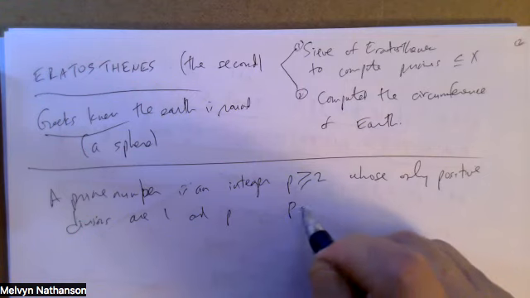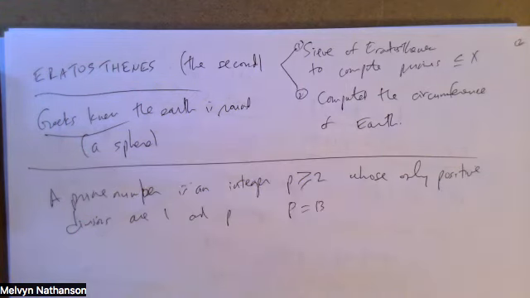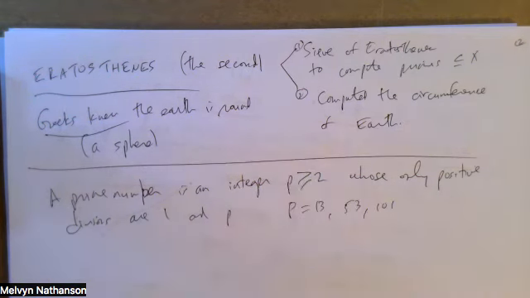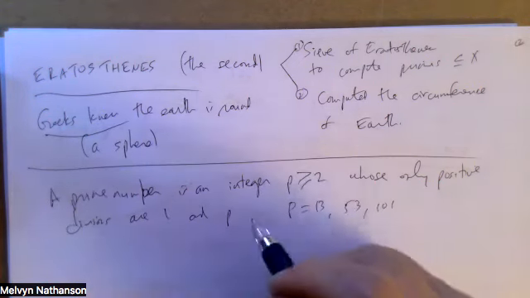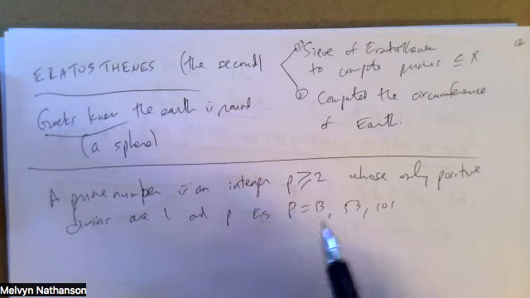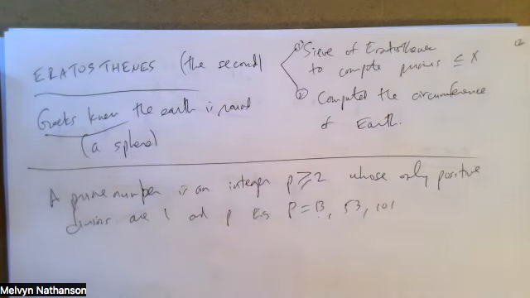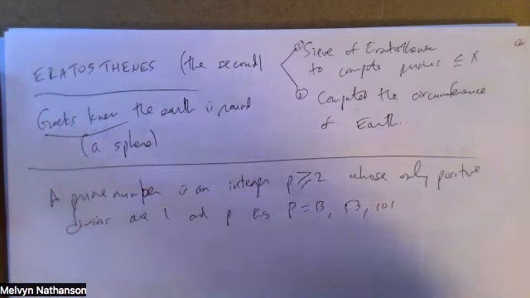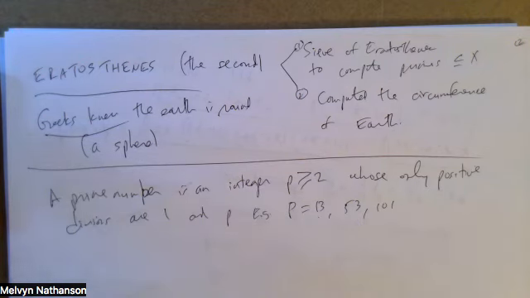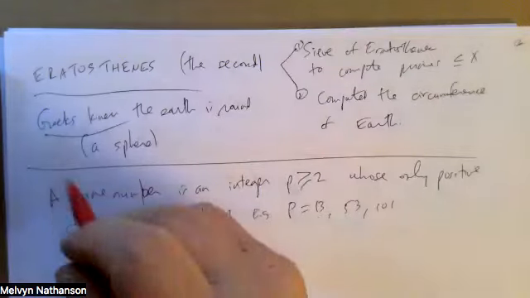For example, p equal 13 is a prime. 53 is a prime. 101 is a prime. If you look at all the divisors of 13, just 1 and 13. Positive divisors, -1 and -13, but we're only looking at positive numbers. 53: try all the numbers less than 53. The only ones that divide evenly into 53 are 1 and 53. Okay, so that's what a prime number is.